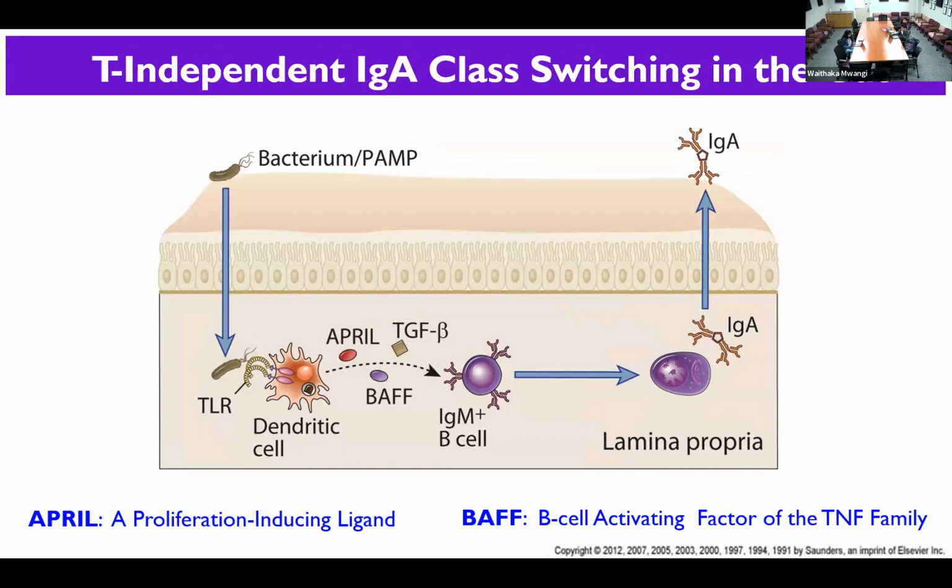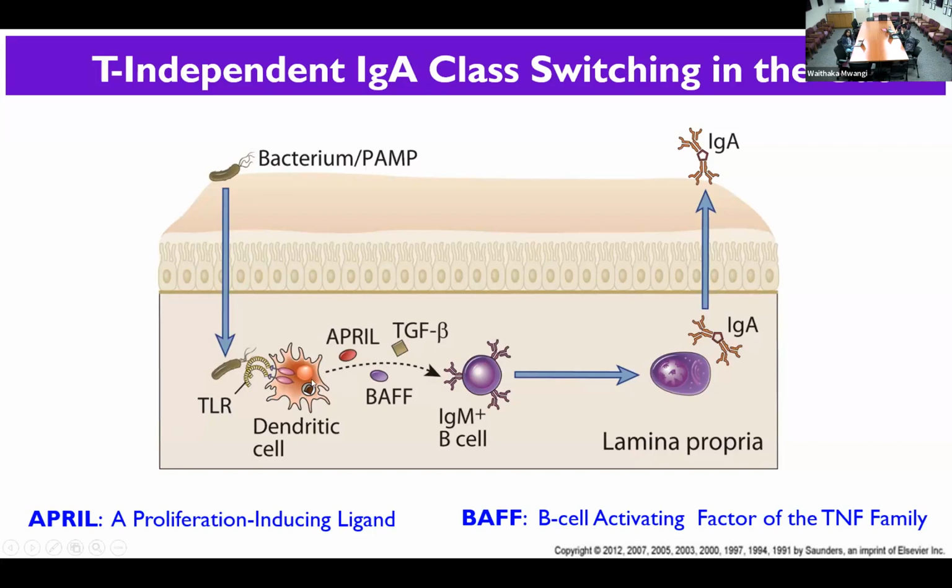So in this case, what happens is that antigens that derive from the lumen are detected by the cells in the lamina propria. But the subset that is involved here is highly endowed with pattern recognition receptors. The example used here is TLR.